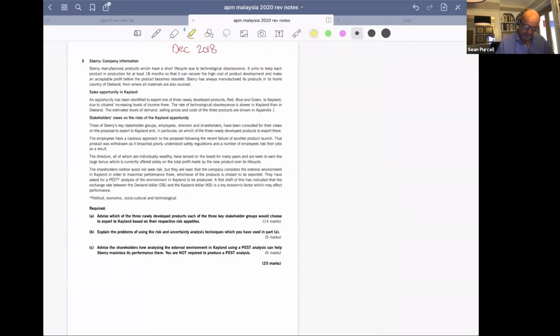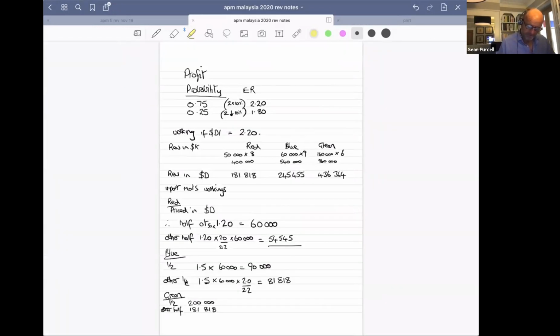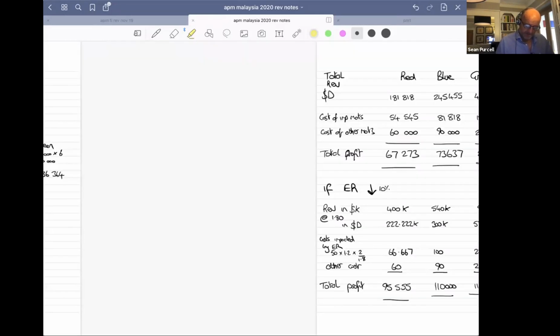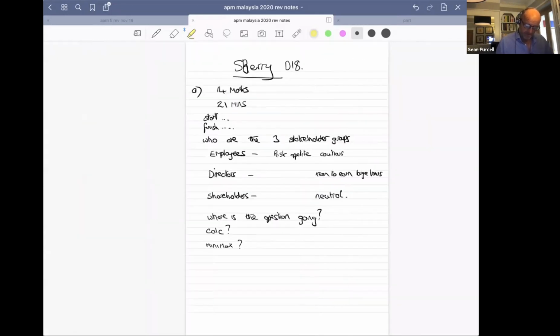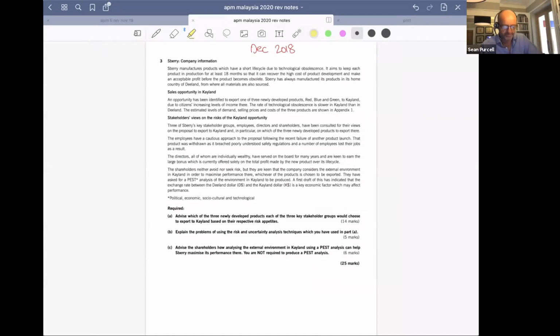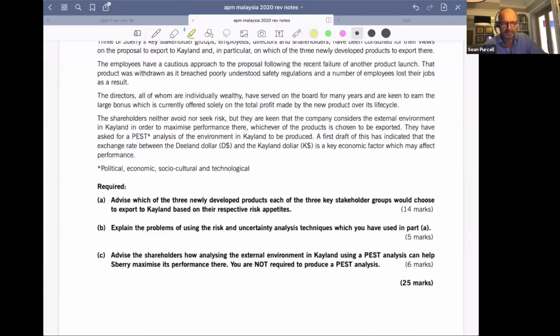I've probably got too many to go through, but there was a bit of calculation on this one, but not all. So the first bit, just to show you the emphasis on APM, is asking us to advise which of the three newly developed products each of the three key stakeholder groups would choose to export based on their risk appetites.